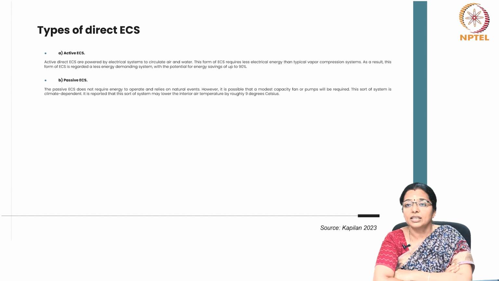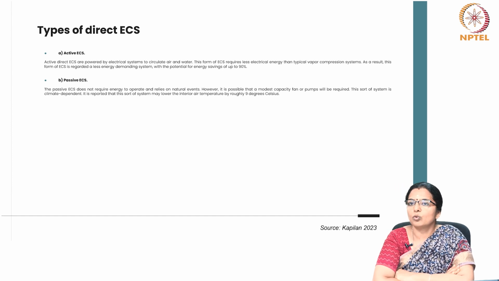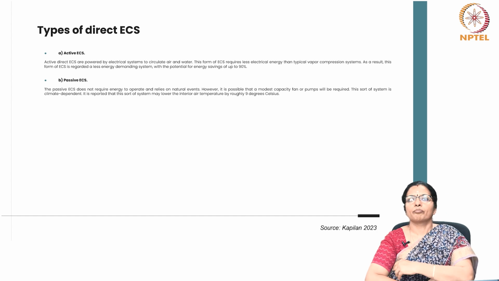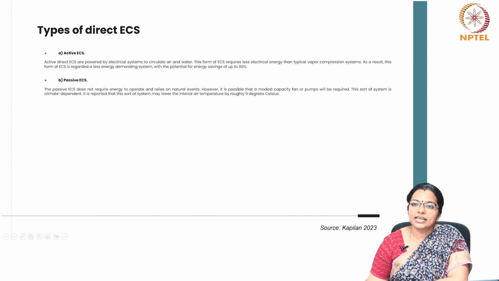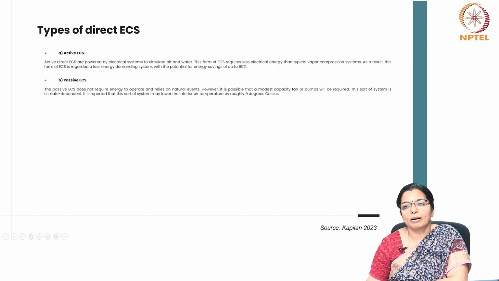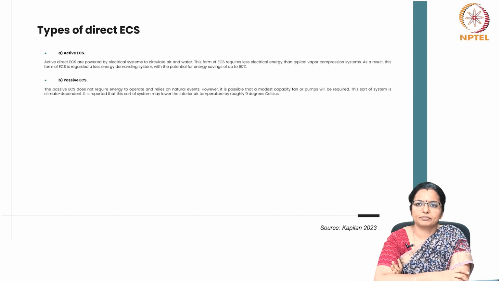Because of this, it is regarded as a less energy demanding system, with the potential for energy savings of even up to 90%. Whereas the second type is the passive evaporative cooling system.